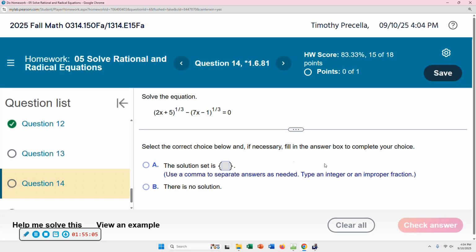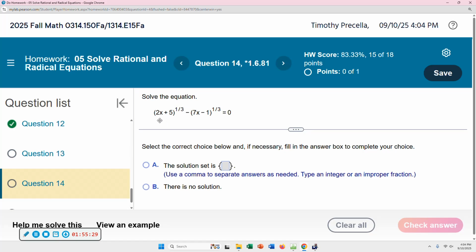One last problem. Look at this problem. Does number 14 look different from all the others? Let me ask the question, why? Those big messy fractions, the 1 over 3.